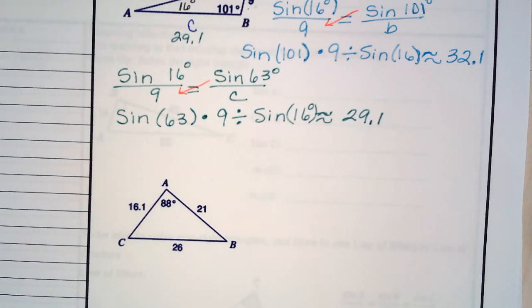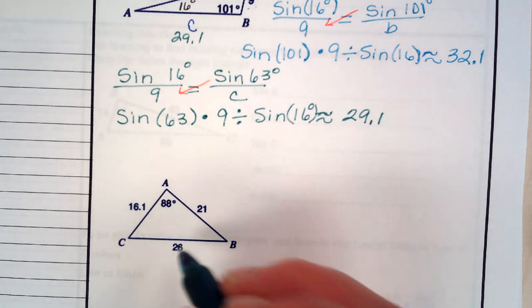Okay, what happens though if we do not have two of the angles to find that third one? What if we have one angle and three sides? Well, you're still going to set it up the same way. So you've got the matching.